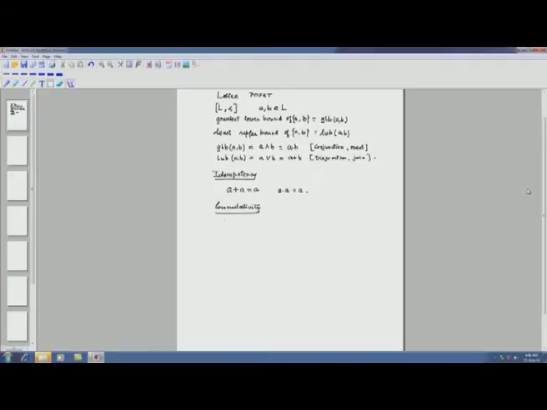If we have two elements A and B inside L, then A plus B is equal to B plus A and A dot B equal to B dot A. This is also somewhat easy to think of, because A plus B is nothing but the least upper bound of the set A, B, and as we know, the elements of a set are not ordered.